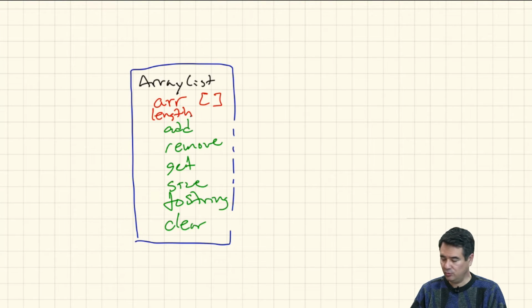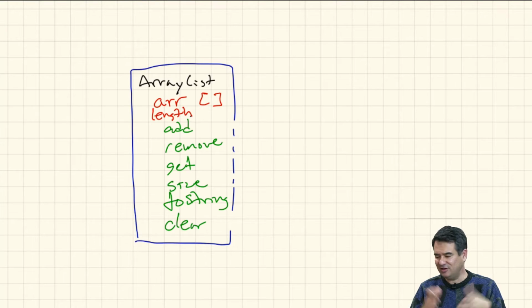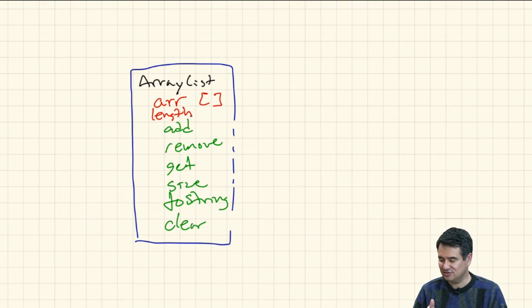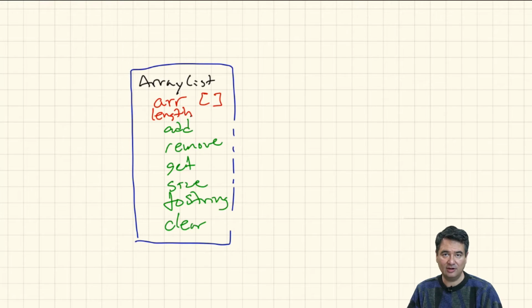These little windows allow us to look inside, get access to these methods here, but not be able to look at this stuff up here. So that's the whole point of having the methods, to provide controlled access to the internal variables. If we didn't care about having access to the variables, we'd just make these public and forget about writing methods. We'd just group them together in a class and make them public. But we want to control access to it, not only to only allow the user to do certain things to them, but also to make sure that they can't mess around with it in a way that they're not supposed to.